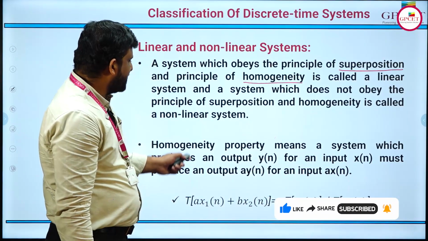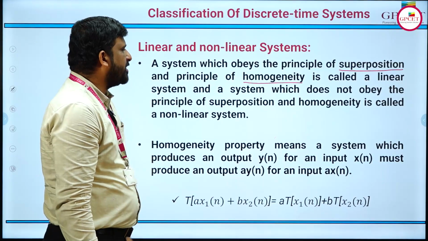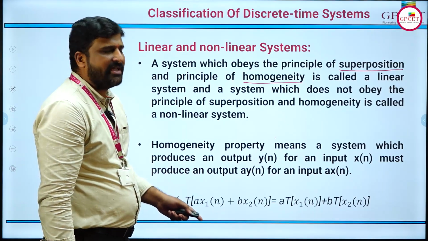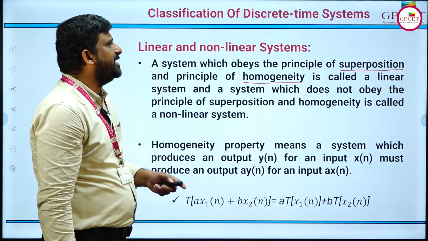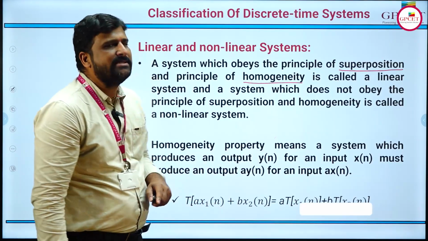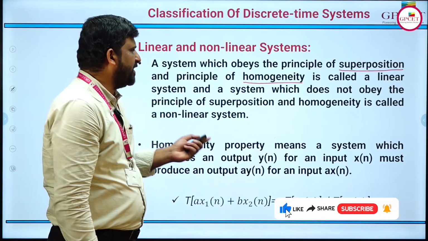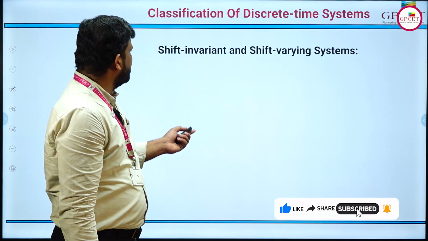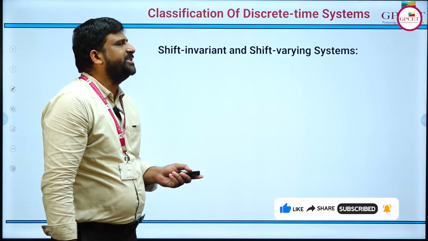Okay, so this is the principle of superposition, or else the principle of homogeneity. If the system is following these particular principles, then that system is said to be a linear system, or else non-linear system. It is very important. And the final one is the shift invariant and shift varying system.